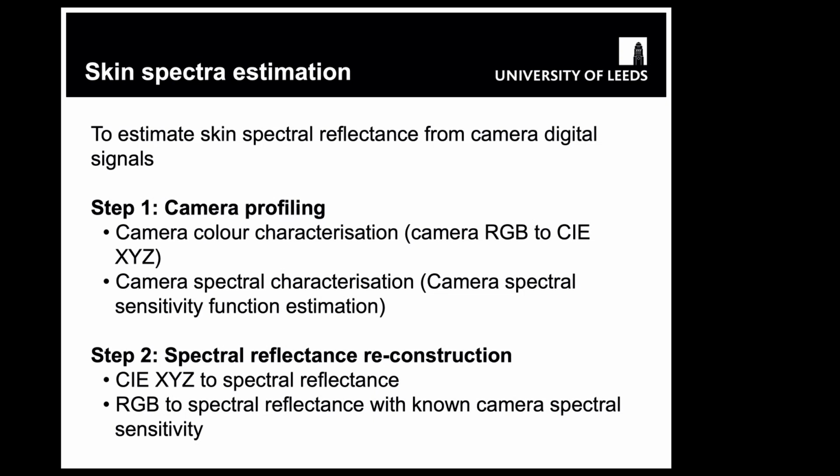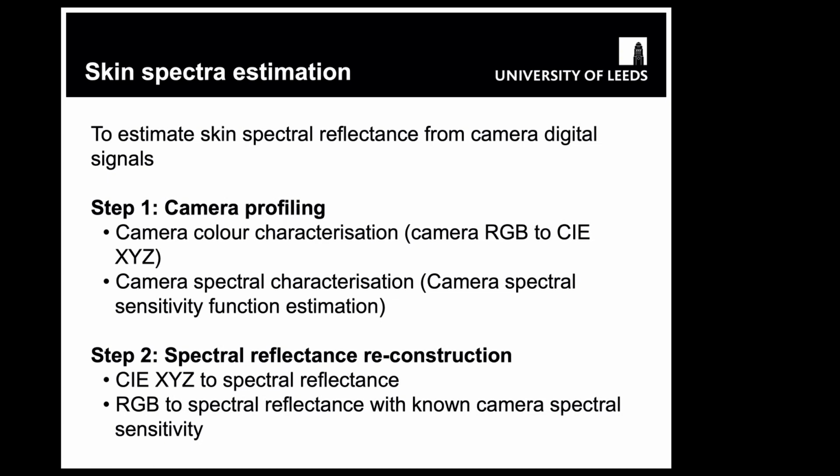So you try to predict camera RGB either to CIE XYZ tristimulus values, from the digital signal to the human eye response, or you predict your camera RGB to the spectral, to predict the camera spectral sensitivity function. Okay, that's what we call the camera spectral characterization. Okay, that's step 1.